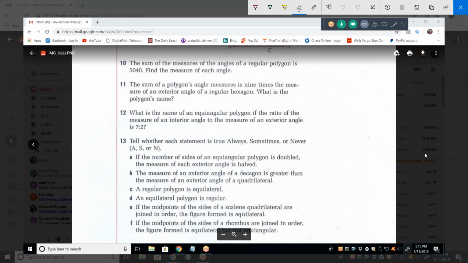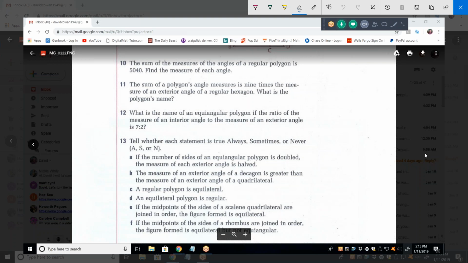Yeah, I hate proving. In other words, you're going to automatically know that 10, 11, 12 and 13 are going to be easier than number 9, given 9 had a complicated diagram and we weren't able to make much progress on it.